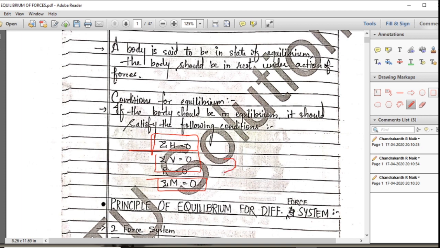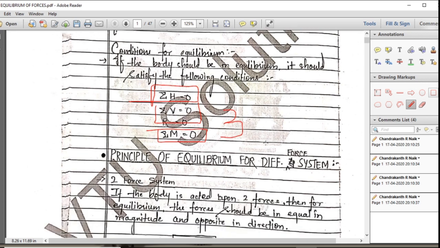There are three conditions for equilibrium: sigma H equal to 0, sigma V equal to 0, sigma M equal to 0. In some textbooks, sigma Fx equal to 0, sigma Fy equal to 0, sigma M equal to 0. If these are satisfied, then the system of forces is in equilibrium.